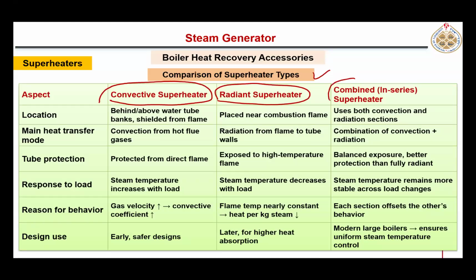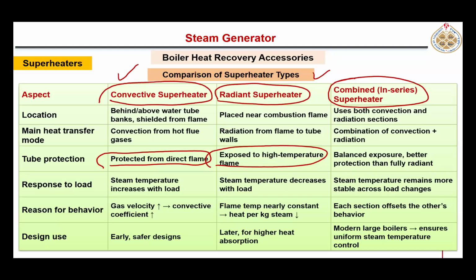And the one which we saw was a combined in-series superheater. Convective means it is away from the main flame, or shielded from the main flame, so protected from direct flame, but here it is exposed to the highest temperature of the flame. That is a kind of balance. So the main heat transfer mode is convection here, radiation here, and a combination of both here, right?